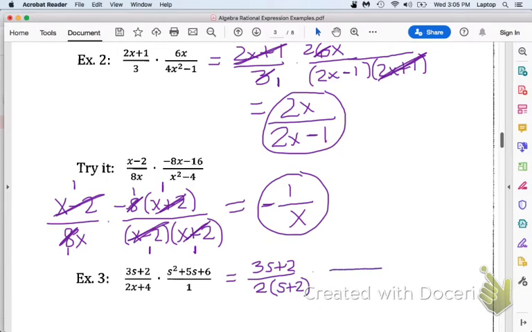If I factor, I'm looking for factors of 6 that will sum to 5, and I know that that's going to be, make sure that you know that that's multiplying. So I'll have s plus 3 times s plus 5, and all that over 1, okay?